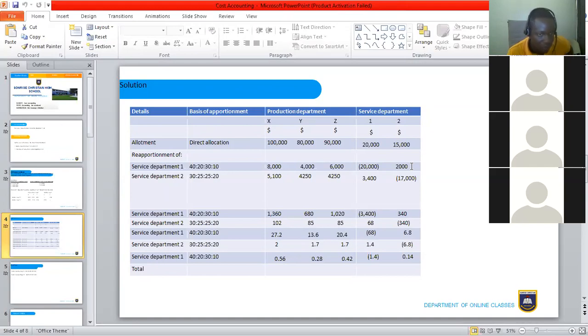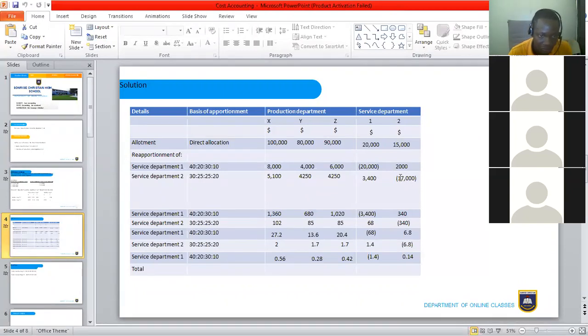Before we reapportion service department 2 costs, we need to find out all the costs incurred by service department 2. The first one is 15,000, that's what we were allocated. And when we were sharing service department 1 cost, we had 2,000. So we must sum up 15,000 and 2,000, and when we do that, we will get 17,000.